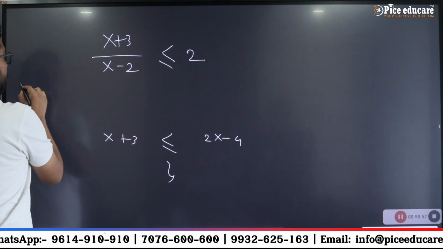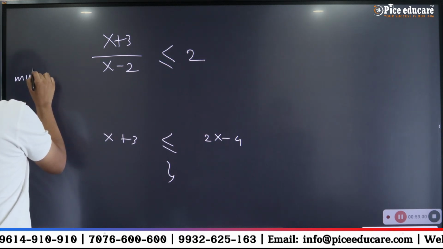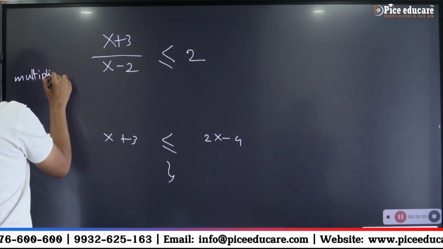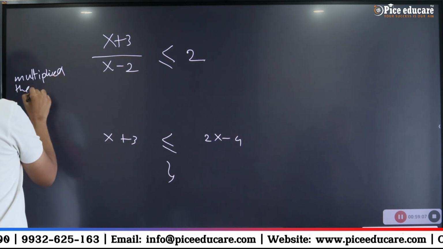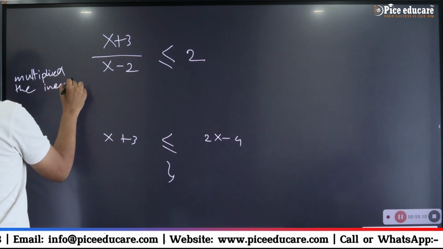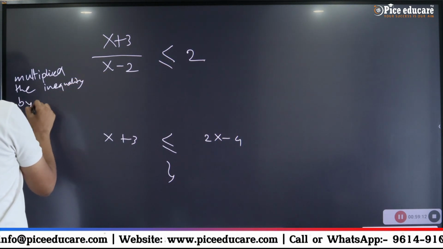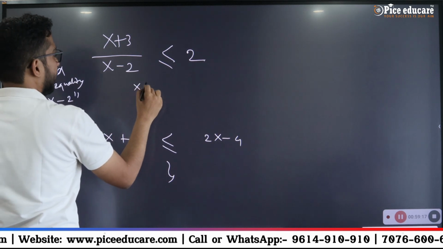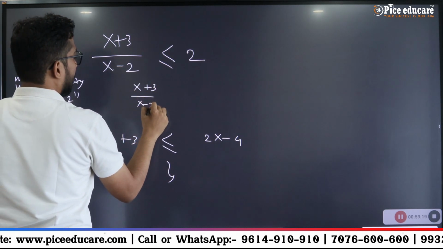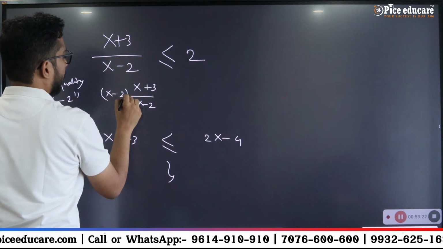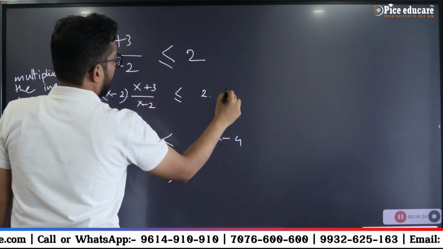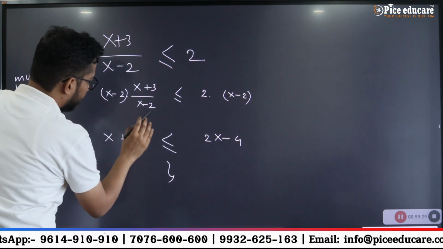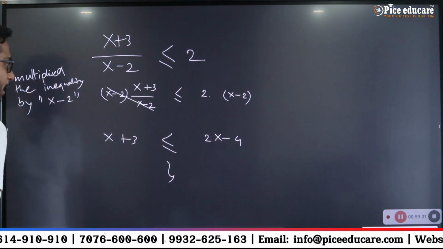So the step is, we have multiplied the inequality by x minus 2. So I have done this basically. Then these two cancel out, and we have this.